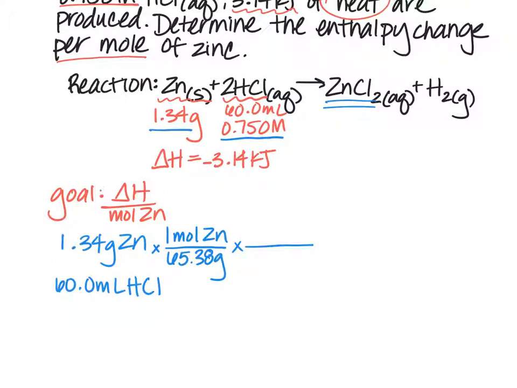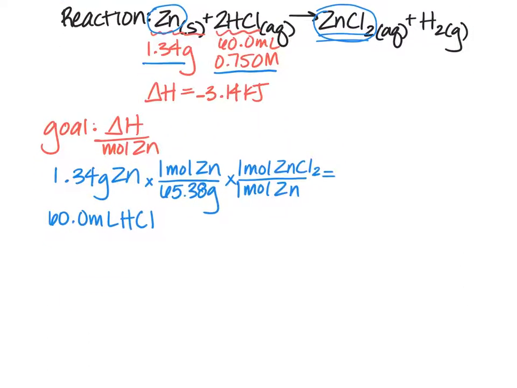It does not matter which product you choose in this case. I'm just going to look at the product that has 1 mole in front of it. Both of them have 1 mole, but I'm going to focus on zinc chloride. So there's 1 mole of zinc chloride for every 1 mole of zinc, since there's a 1 in front of zinc also. I'm going to equate that in just a second.